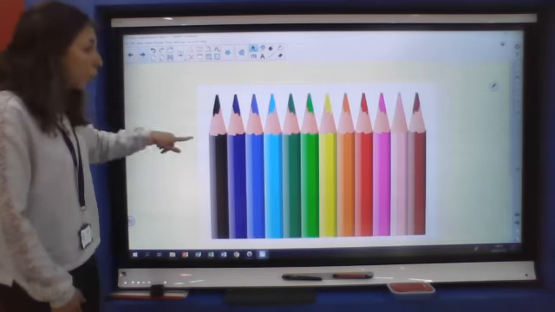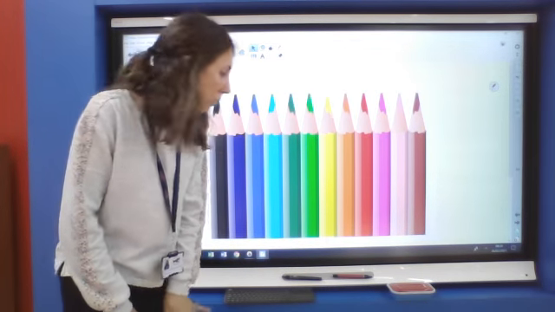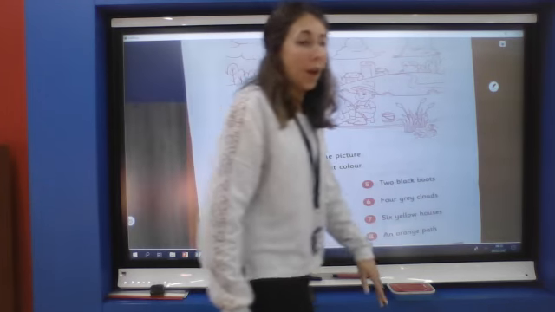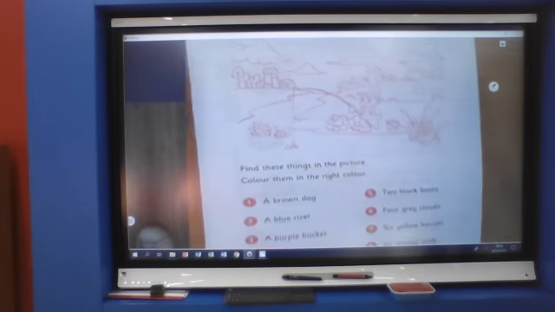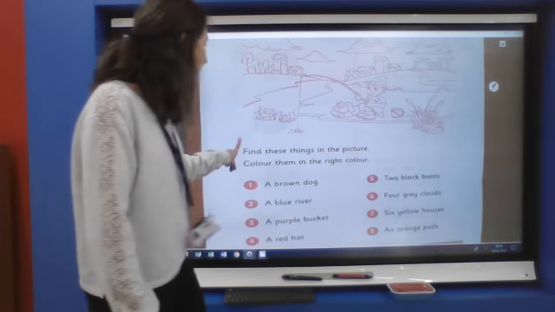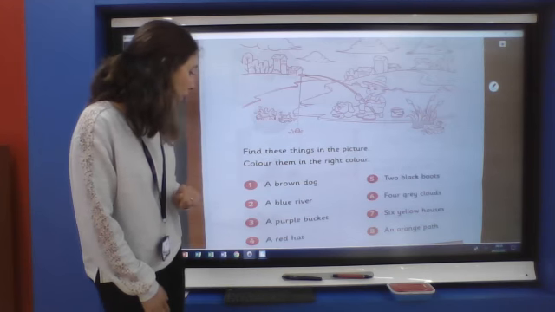And then if you do have some colours at home, if you do have some coloured pens or some coloured pencil crayons, you can have a go at colouring in everything in the right colour. So our page says find these things in the picture and colour them in the right colour.